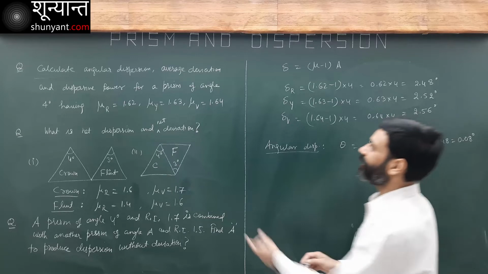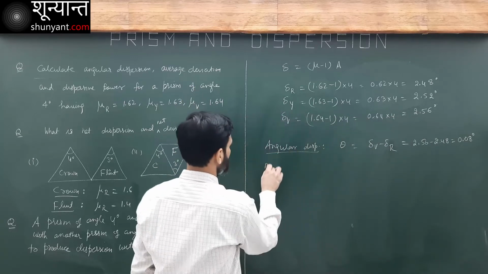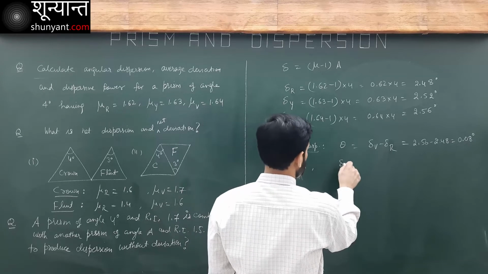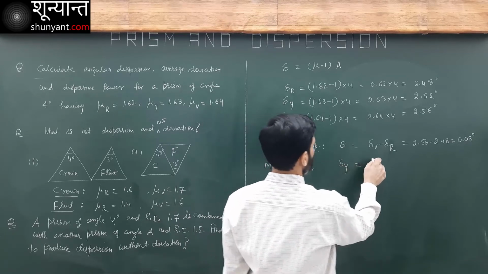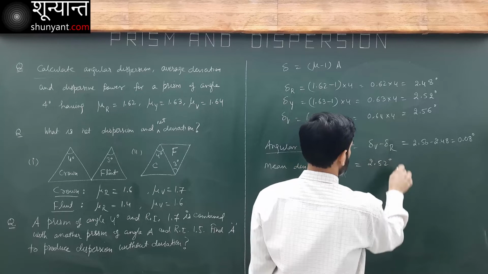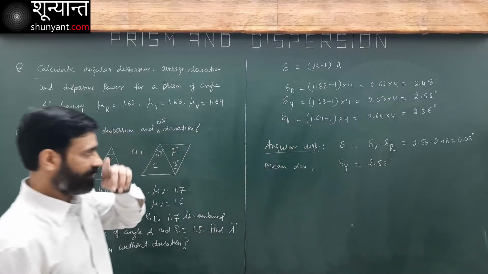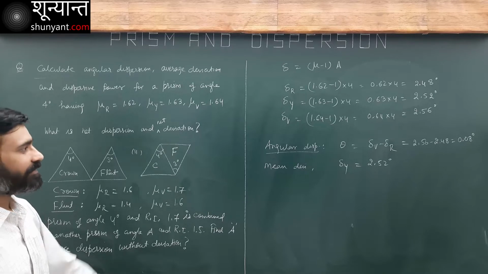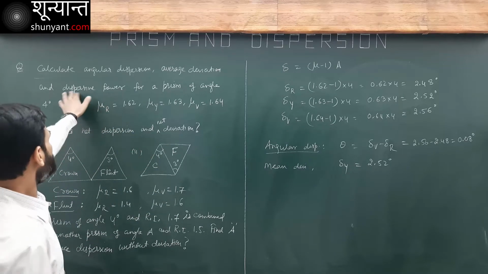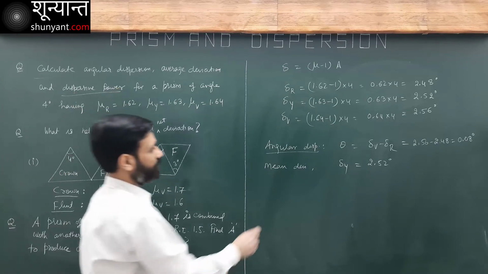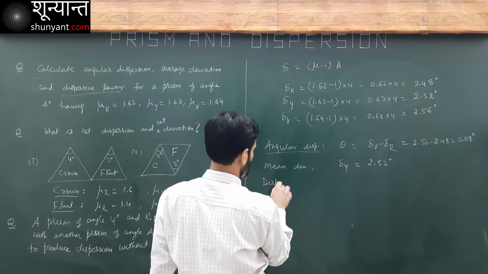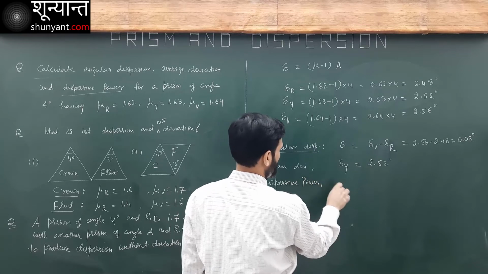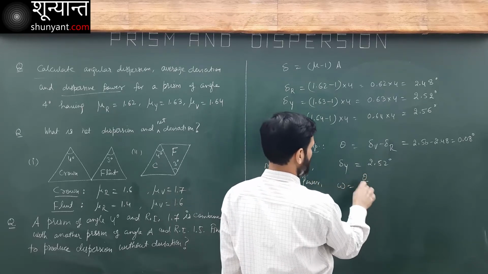Average deviation is also known as mean deviation, delta Y is equal to 2.52 degree. That's it. And then dispersive power, omega, is simply theta over delta Y.